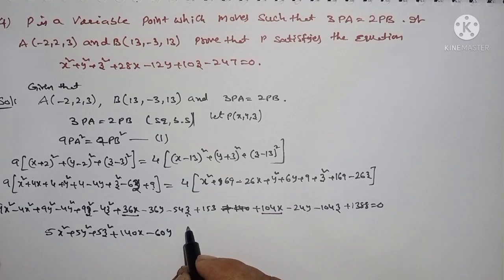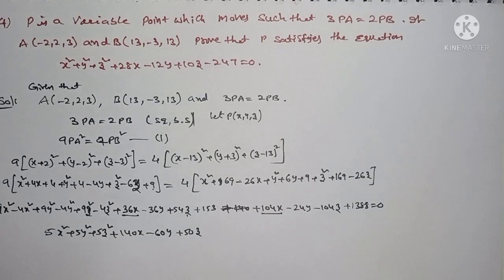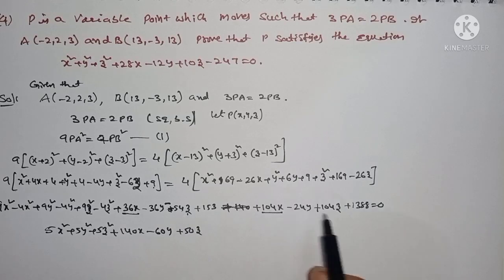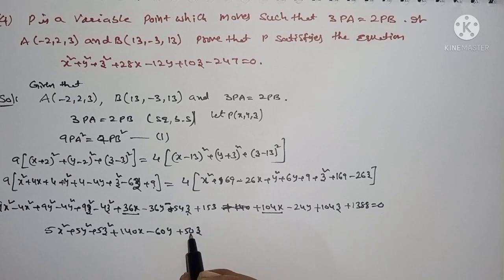The z terms: plus 50z minus 54z, and the minus 104z you can bring this side, plus 104 minus 54 is nothing but plus 50z.